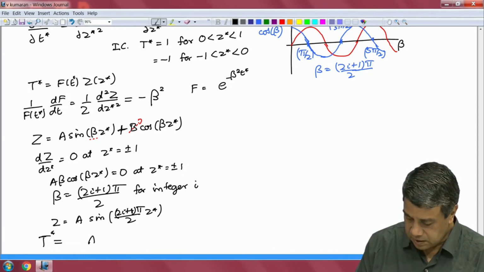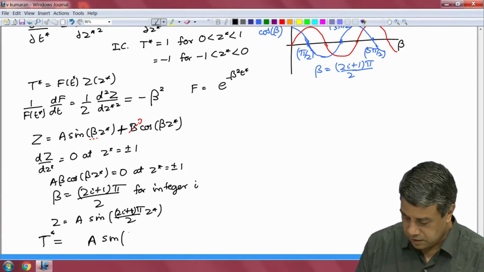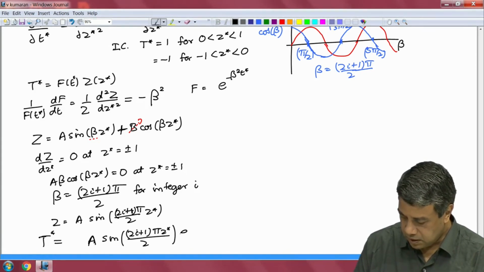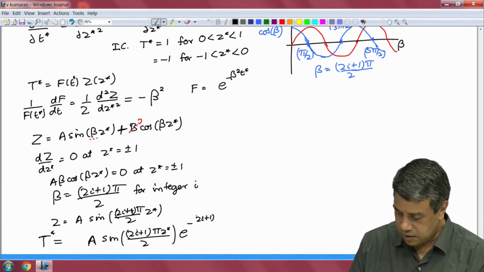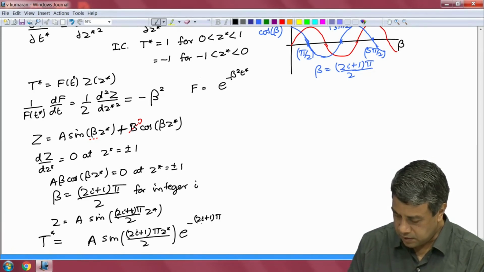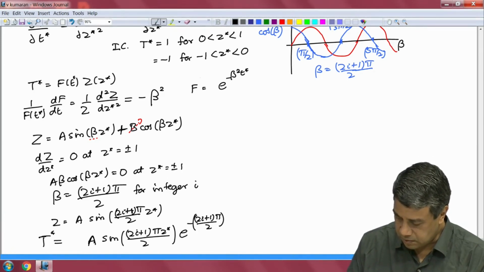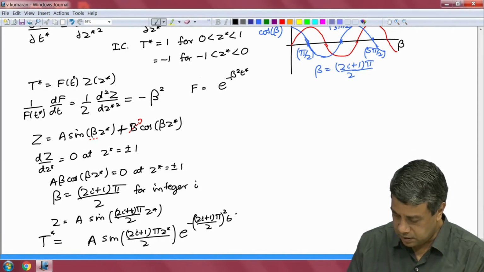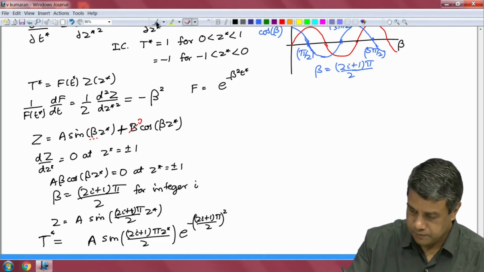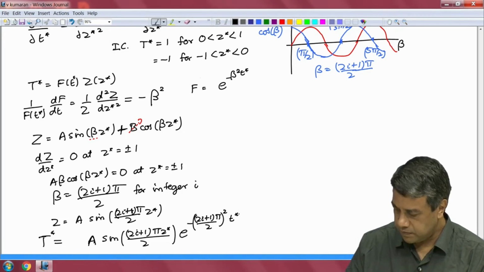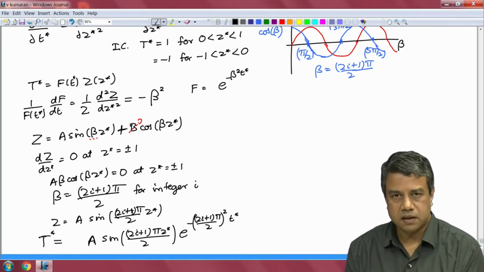This becomes A times sine of (2I plus 1) pi z by 2, e power minus beta square t, where beta is (2I plus 1) pi by 2, the whole square.